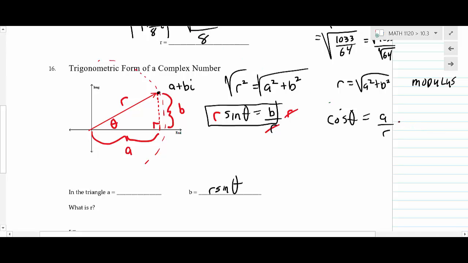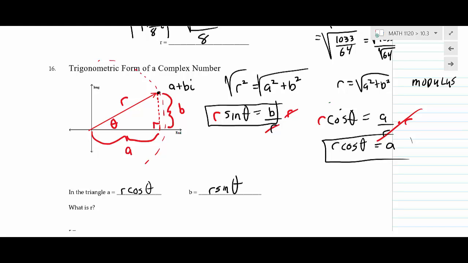We multiply both sides by r, so we end up with the result, a equals r cosine theta. That's an important part of this result. So let's write down in this blank, a is equal to r cosine theta. Everybody with me so far? That's basically that same old triangle diagram, Pythagorean Theorem, and definition of sine and cosine.